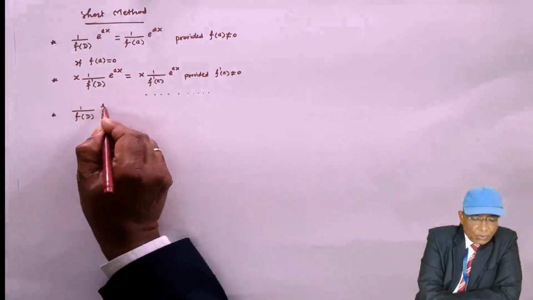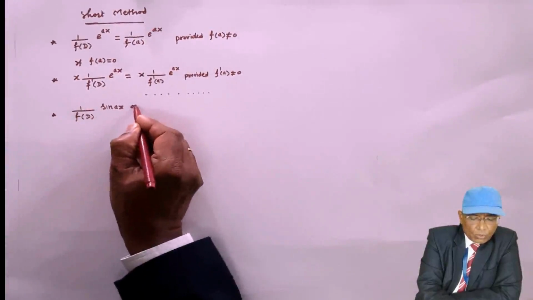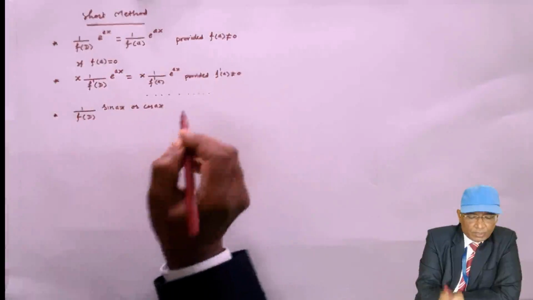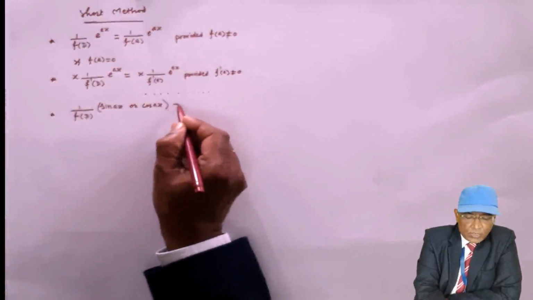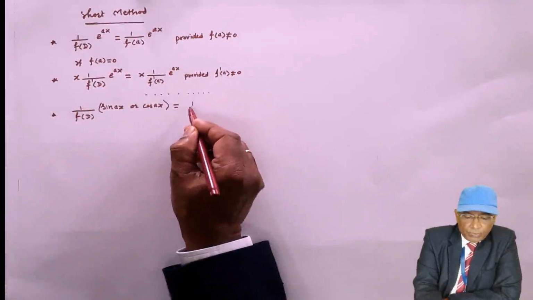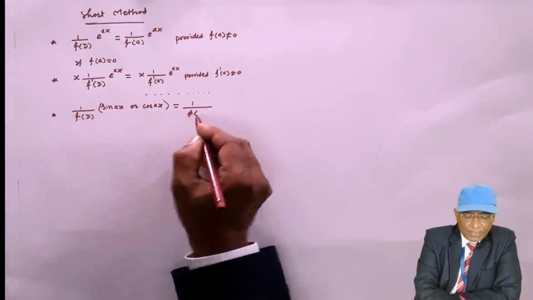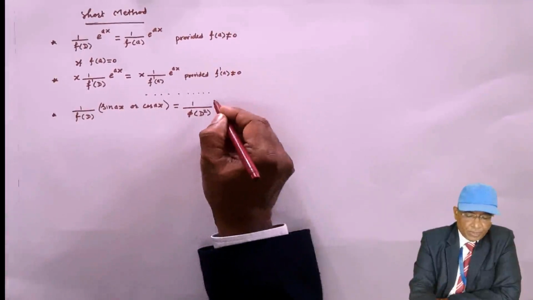Now, how to operate the operator on sin ax and cos ax functions? a is a constant, x is the variable. On sin ax and cos ax functions, first of all, I am writing this f of d as phi of d square, in this way.